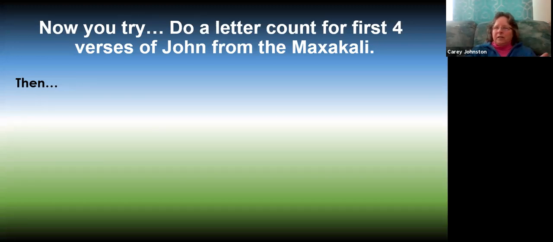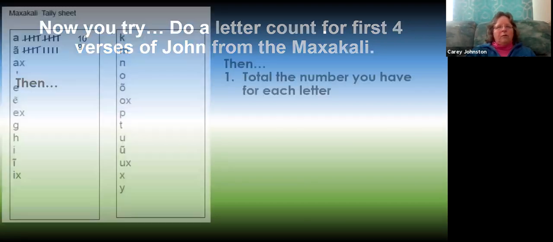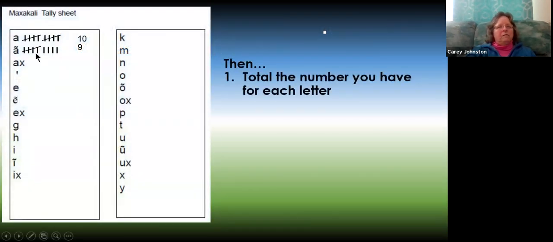But then once you've finished doing the initial letter count, I want you to go through on your sheet where you've done your tallies and total the number that you have for each letter. You'll do that for all of the letters. All of them will have some tally marks with them, some more than others, but they're not going to be in any frequency order.